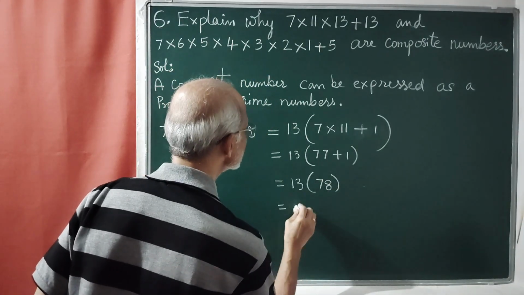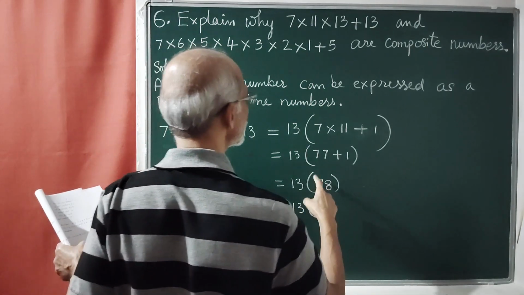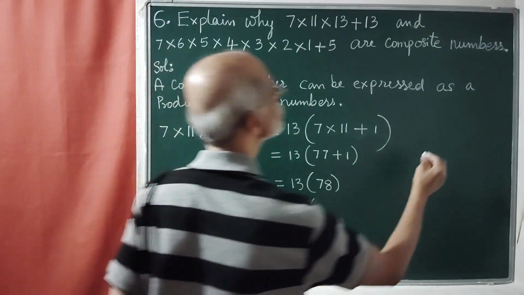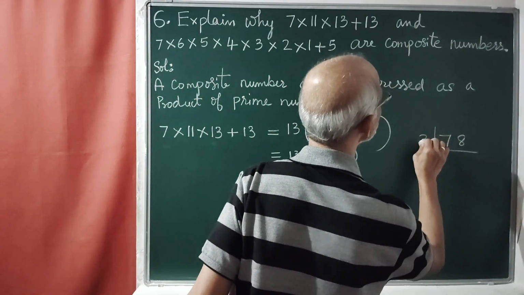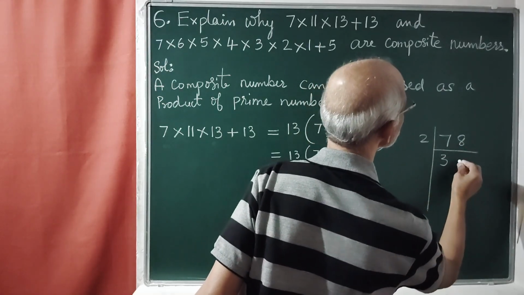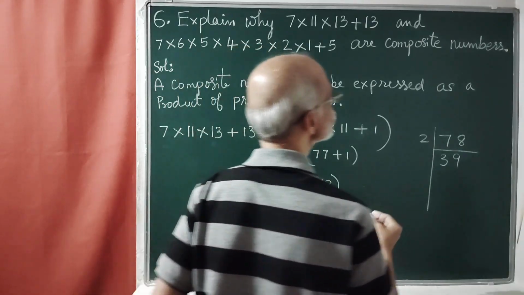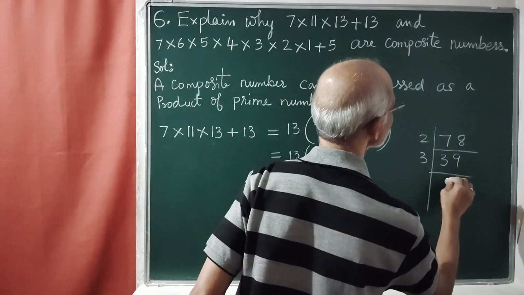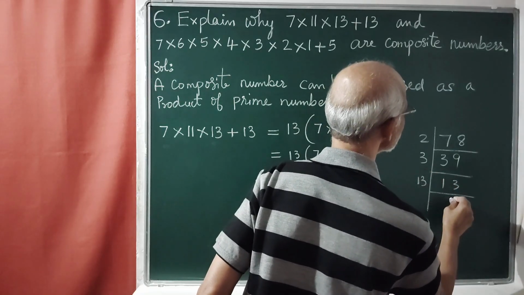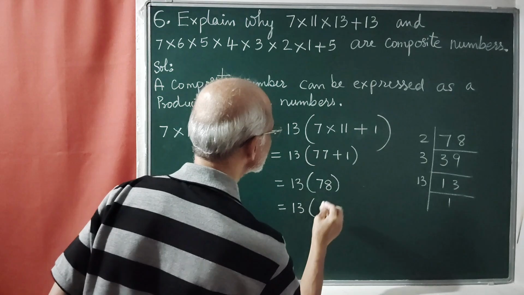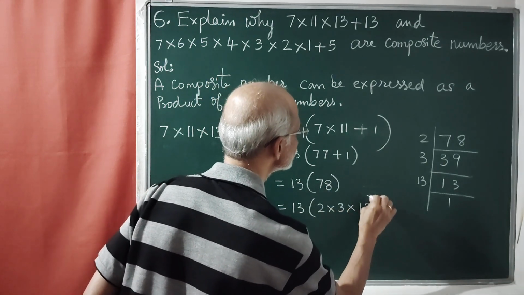We can write 78 as the prime factors of 78. So 78 we can divide with the prime numbers. 2 3s are 6, 2 9s are 18. So now 3 can divide it. 3 1s are 3, 3 3s are 9. Next 13 can divide it. 13 1s are 13. So we can write it as 2 into 3 into 13.